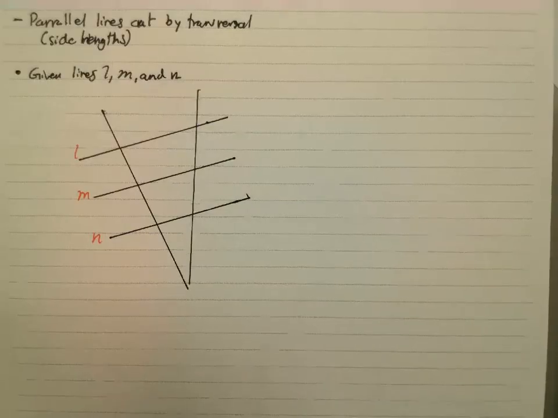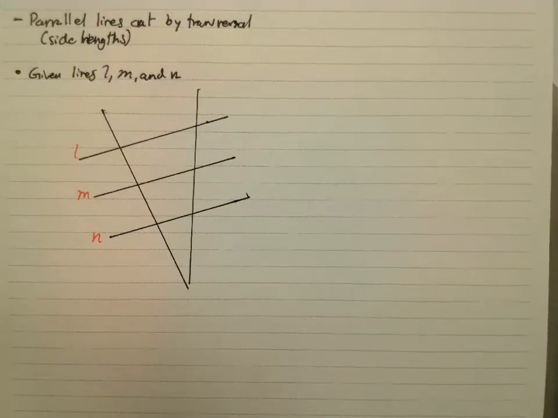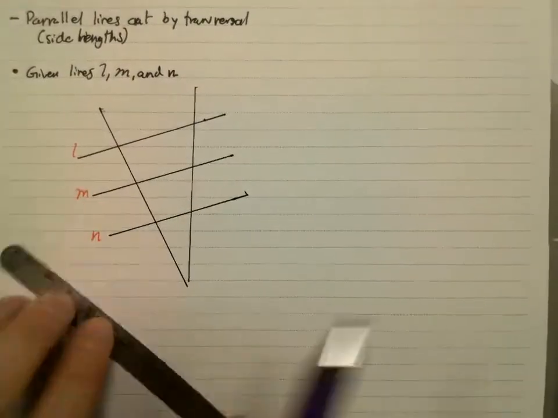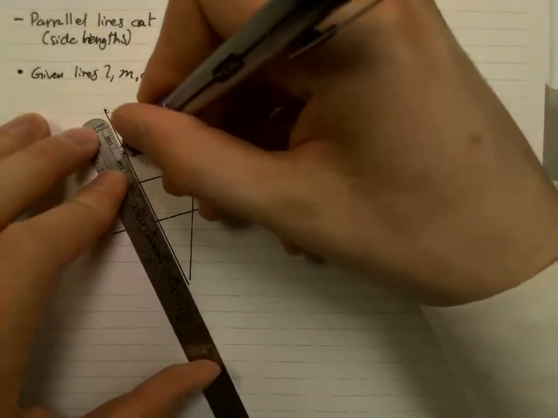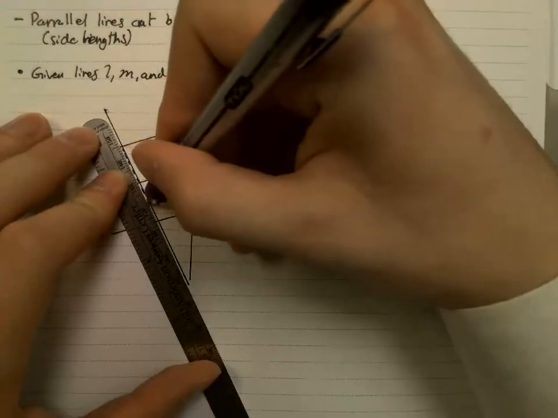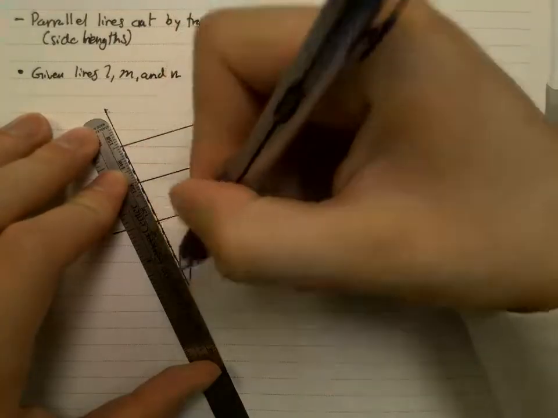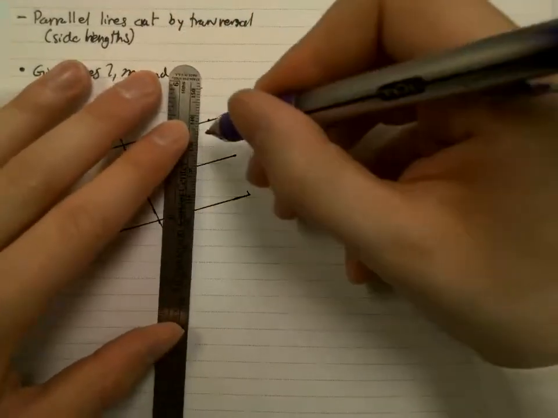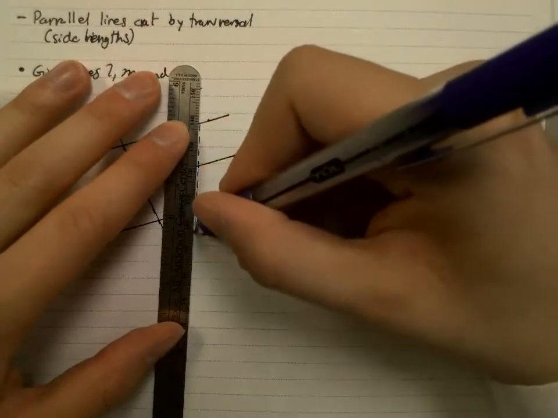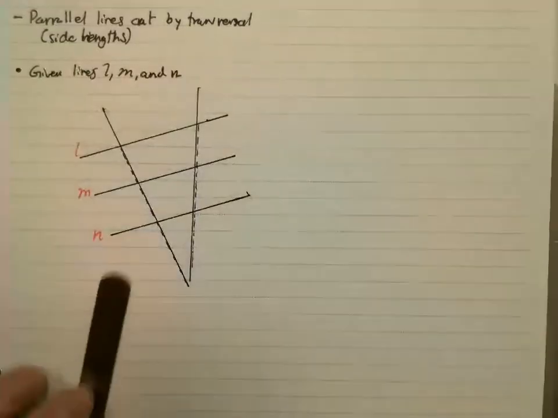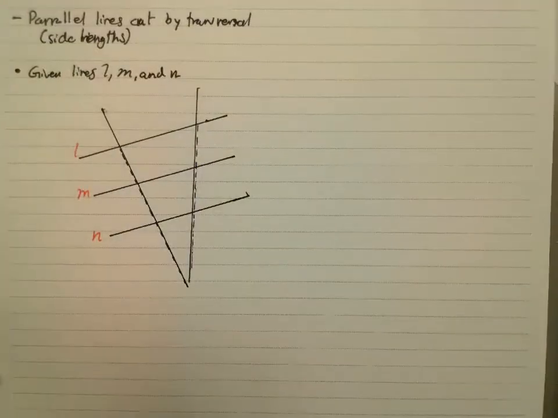Now, what we're concerned about specifically is the distance, or the portions of the transversal that go from here to here. Okay, we're concerned about those portions of it.